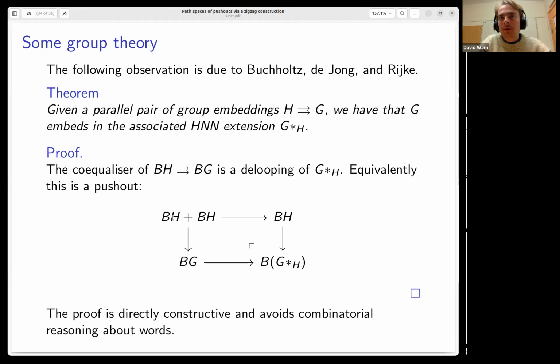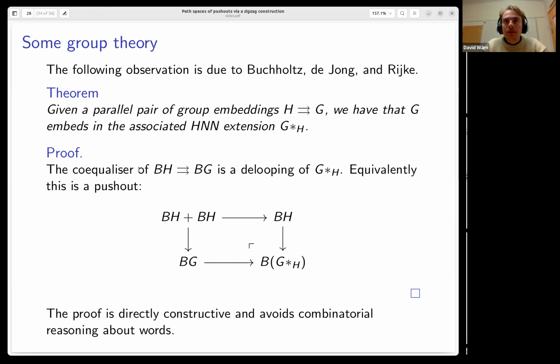So in this diagram, both the legs of the span are zero truncated maps. So by the previous theorem, all the maps in this square are zero truncated. In particular, the bottom map is zero truncated, meaning that the map of loop spaces from G to the HNN extension is an embedding. What's nice about this proof is that it's directly constructive and avoids any tedious combinatorial reasoning.